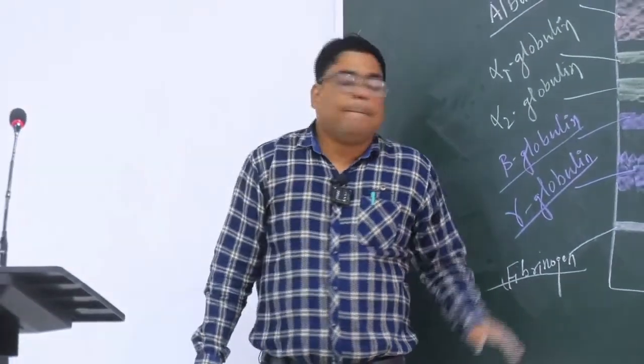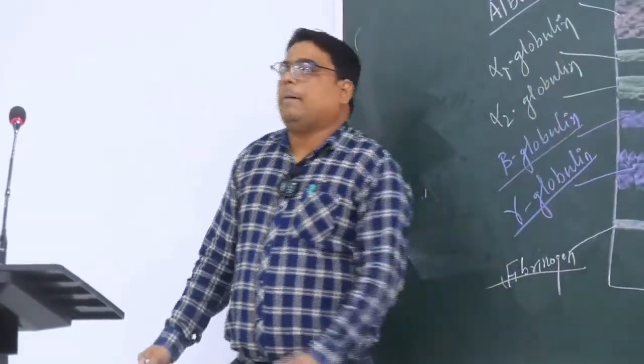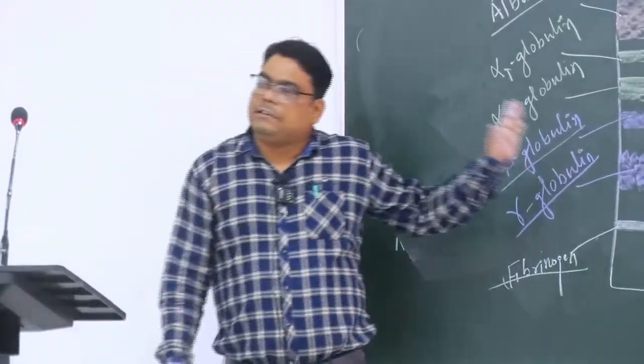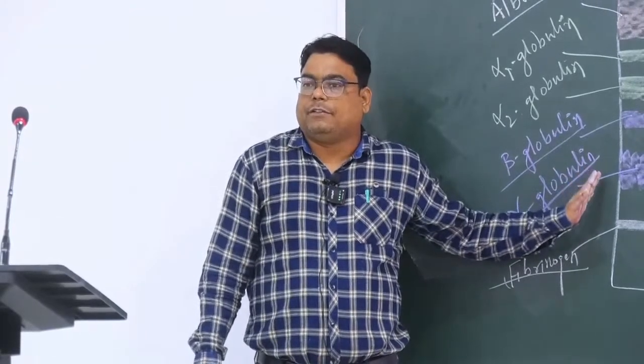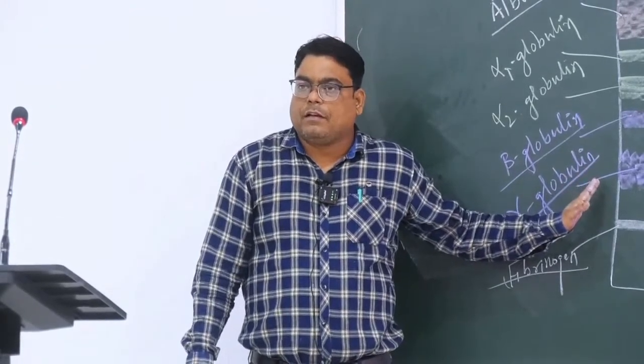How will you identify? By the pattern of these bands, whether it is a dark band or a light band. Why is it important to study this pattern? Because in several diseases and disorders, this pattern changes, and this pattern is helpful for the diagnosis of different diseases.